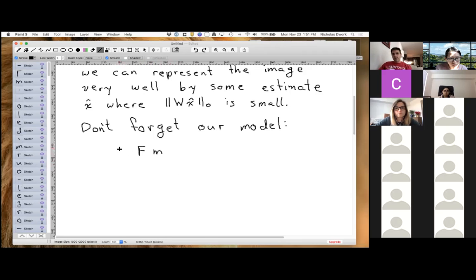But then I'm going to apply a mask, D, and this should approximately equal our data.